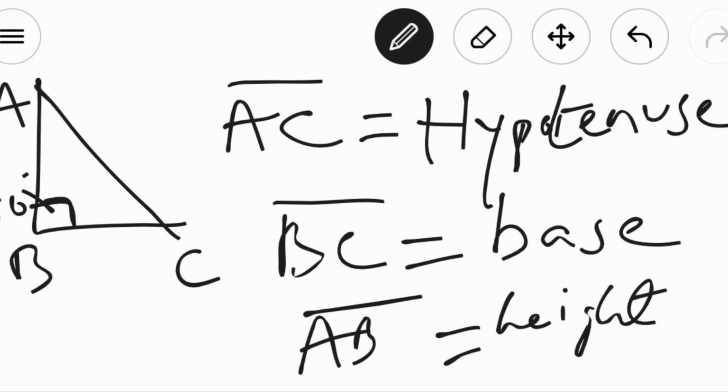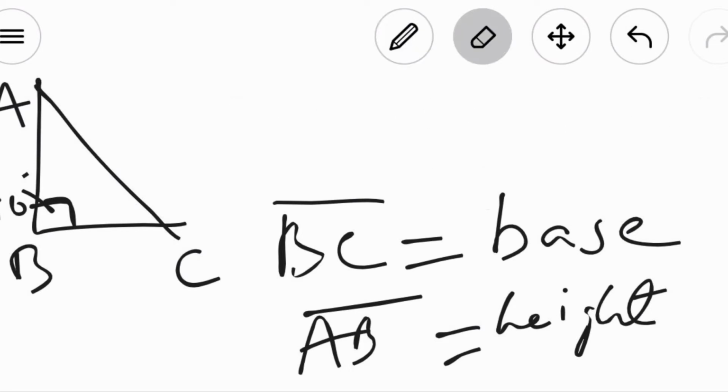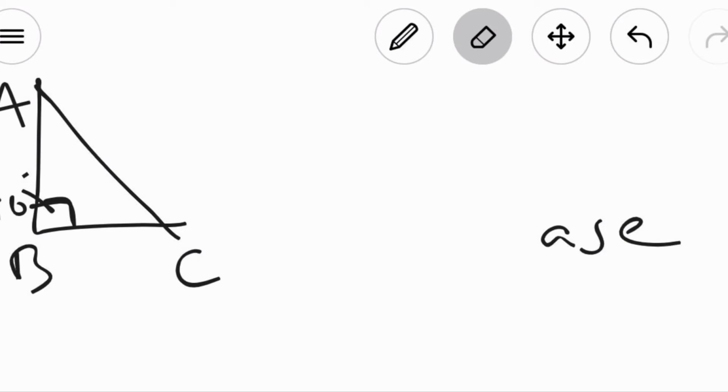So with these basic terms, let's get into the first 6 basic functions of trig. Before going to that, I forgot to tell you, let's assume an angle for either angle A or angle C. We can't assume it for angle B because it's already given as 90 degrees, and the angle has to be unknown.